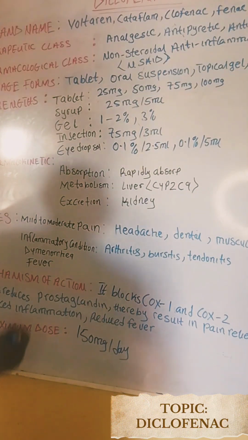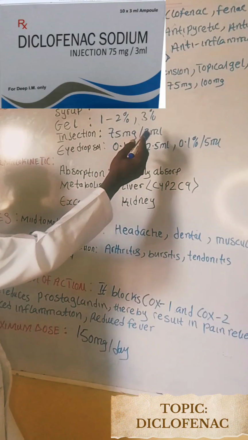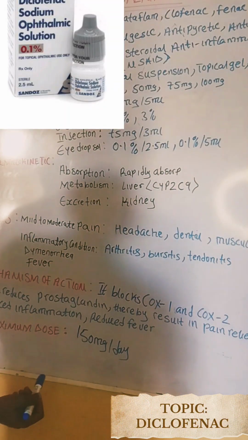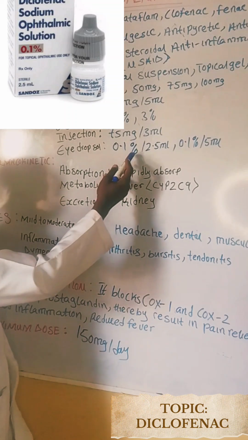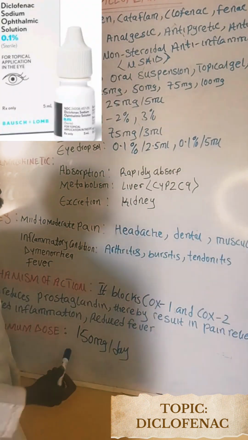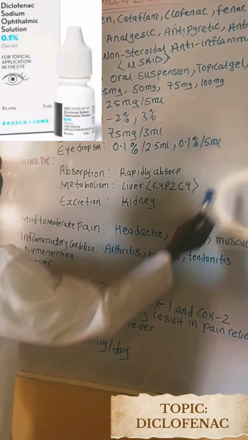We also have it in injection, which is 75 milligram per 3 mil. And we also have it in eye drop solution, which is 0.1% in 2.5 mil, and also 0.1% in 5 mil.